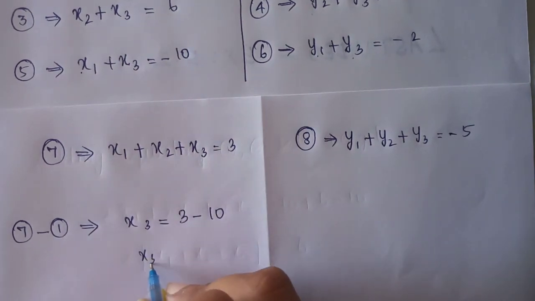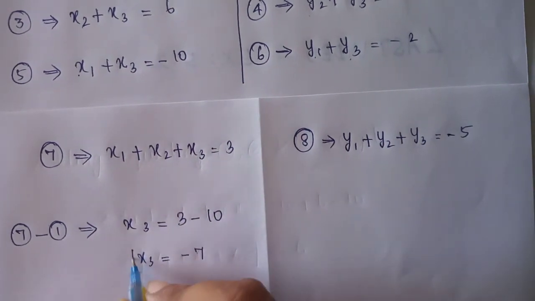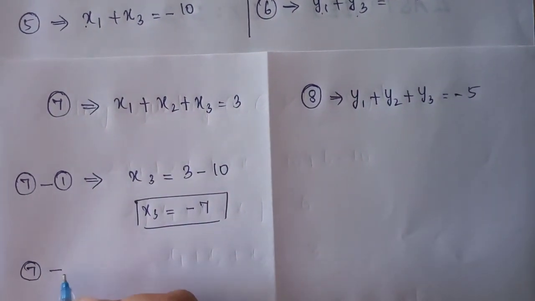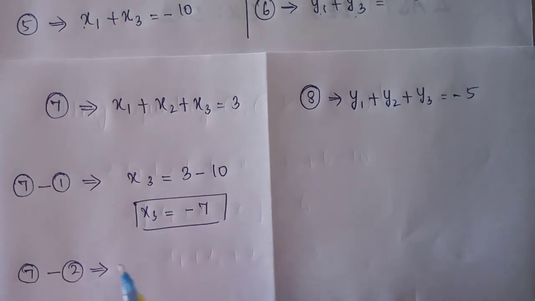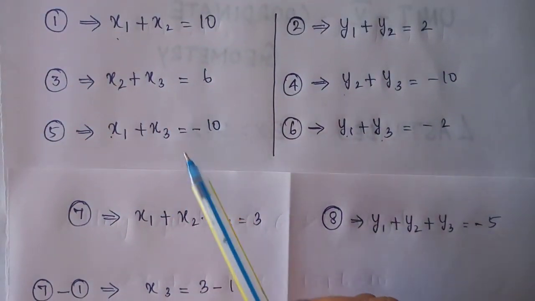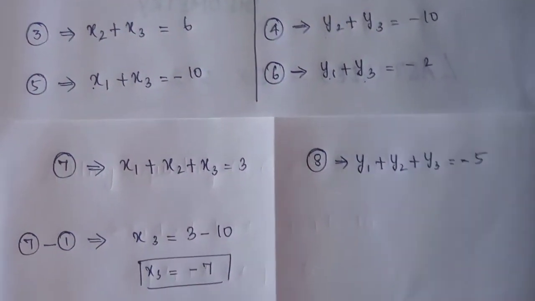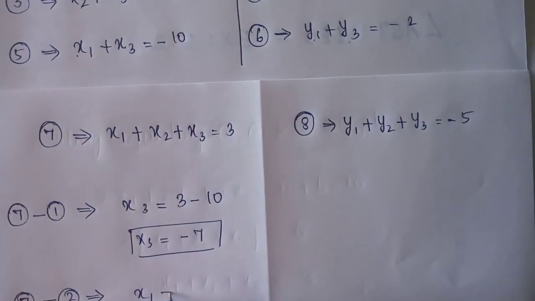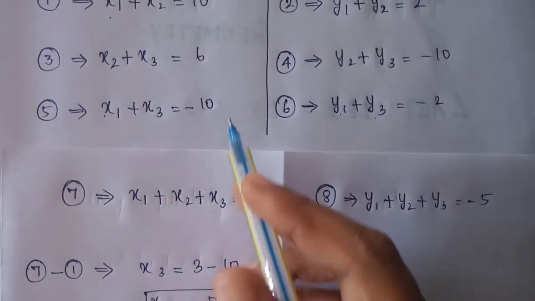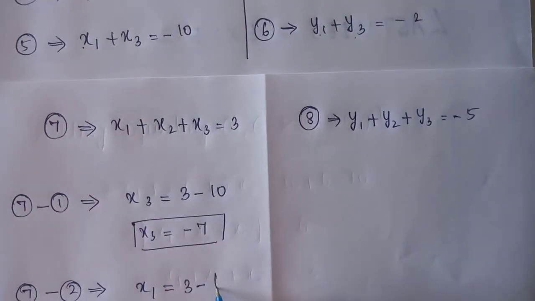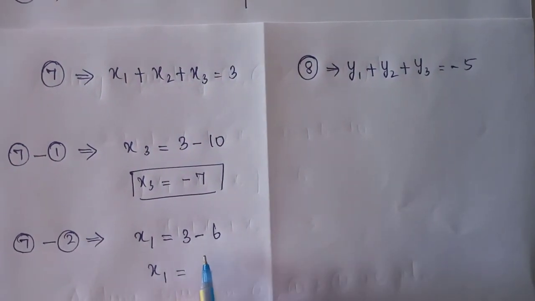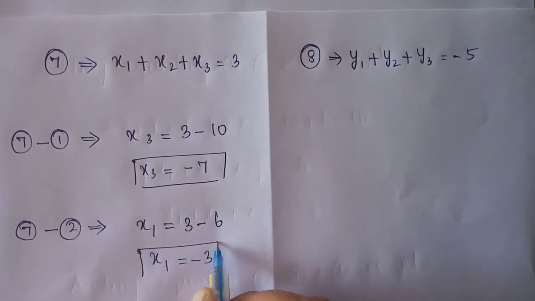So the value of x3 is equal to minus 7. Similarly, equation 7 minus equation 3, which is x2 plus x3. So x2 and x3 get cancelled. Remaining, you get x1 is equal to 3 minus 6. So the value of x1 is 3 minus 6, which is minus 3.